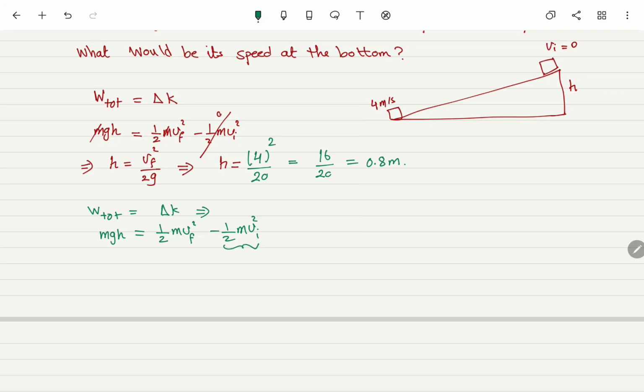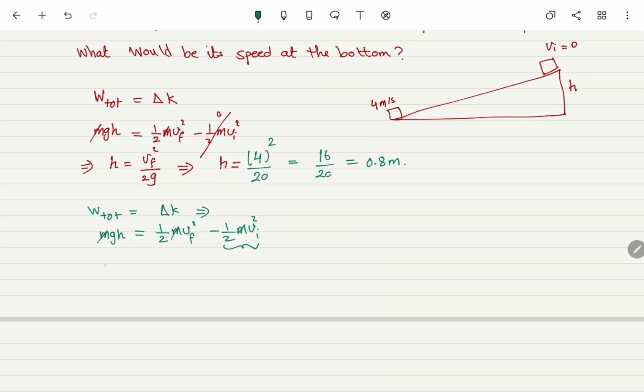Now this one isn't 0 because we have an initial velocity equal to 3. Now h, we just calculated. Mass cancels with mass.